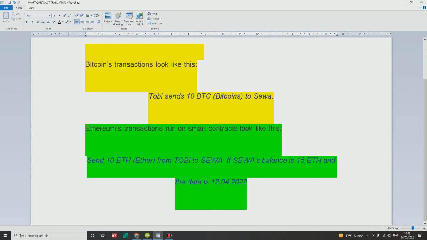Okay, let's just examine a transaction which runs on smart contract. Okay, for instance, an Ethereum transaction run on smart contracts looks like this. Pay attention to this. Send 10 Ethereum from Toby to Shower, if Shower's balance is 15 Ethereum, and at this date 12/04/2022. Now, you see why it's called smart contract.